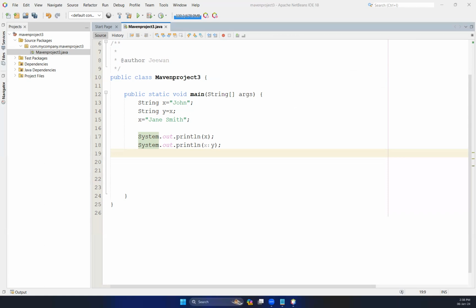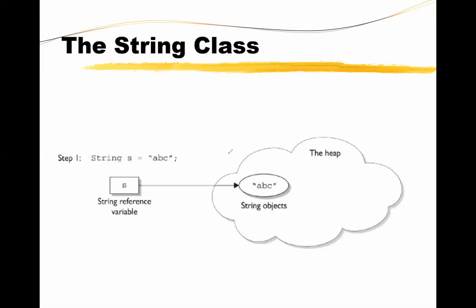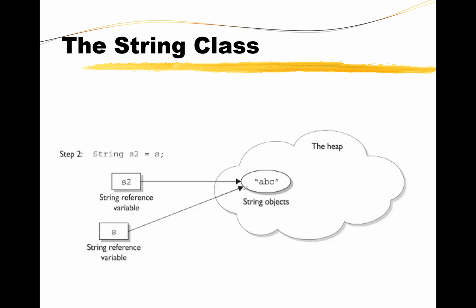Now let me show you this. When you create string s equals abc in the heap memory, the variable s refers to a string object abc. And if you say s2 equals s, a new reference variable s2 also refers to the same object abc.